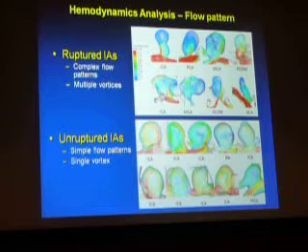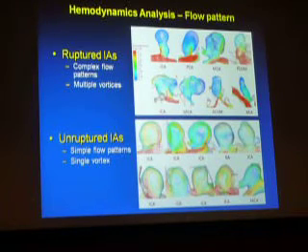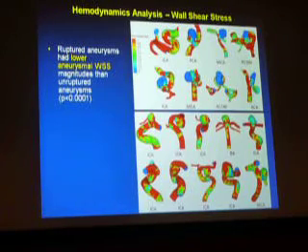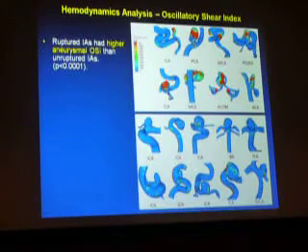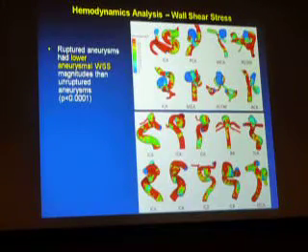With unruptured ones, usually it's one single coherent vortex, and the flow is faster, a simpler flow pattern. And quantitatively, we see the ruptured ones are subjected to much lower wall shear stress, these blue ones, and these are the unruptured ones.